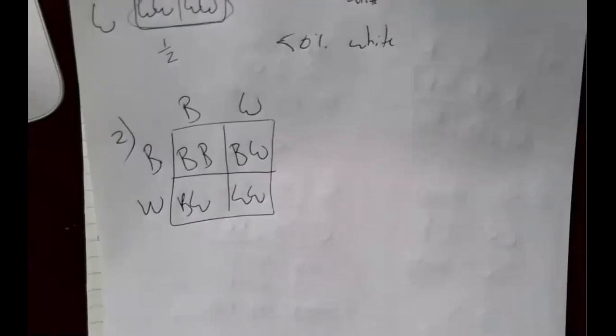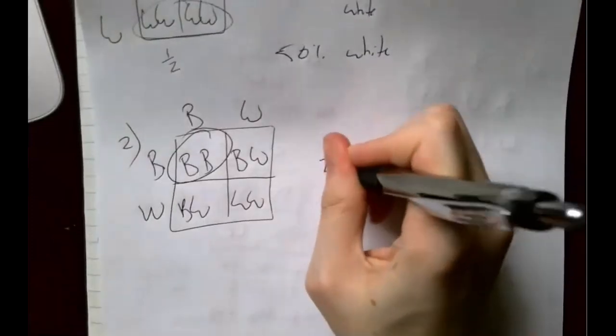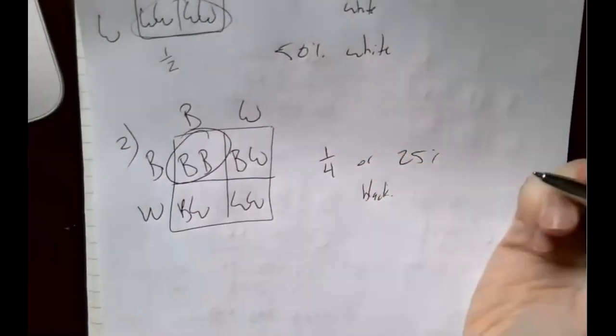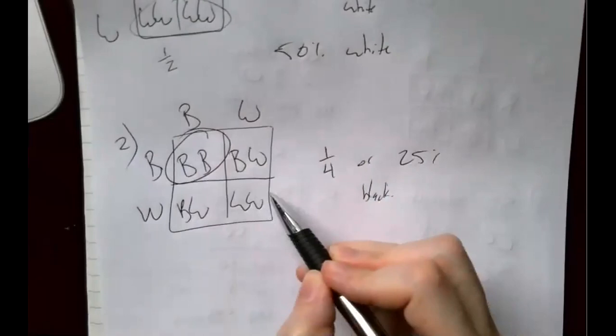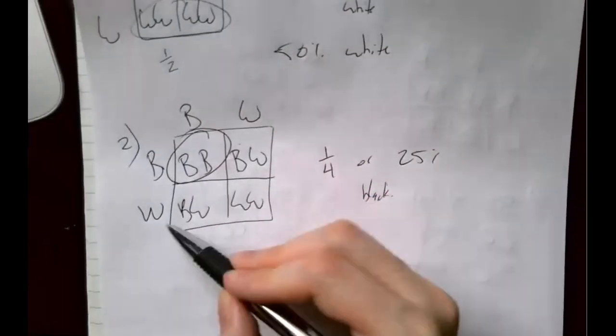So if we fill in our Punnett square, it's going to look like that. And then it wants to know, what are the chances of producing a black chicken? Well, it would be 1 in 4, or 25% will be black. You'll also have 25% white and 50% checkered.